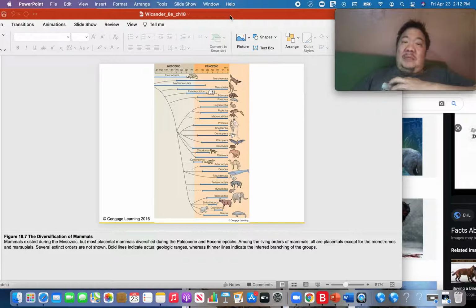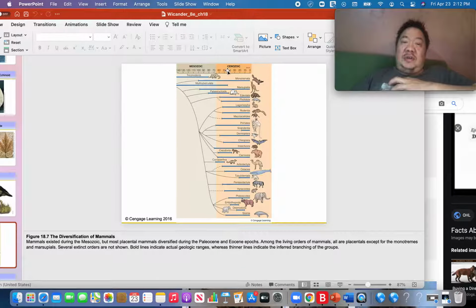Why did mammals evolve during the Cenozoic era into the myriad of different forms we have today? It's because they could. During the Mesozoic era, mammals could not evolve. All of the ecological niches were occupied by dinosaurs. So the big predator spot was taken up by the theropods.